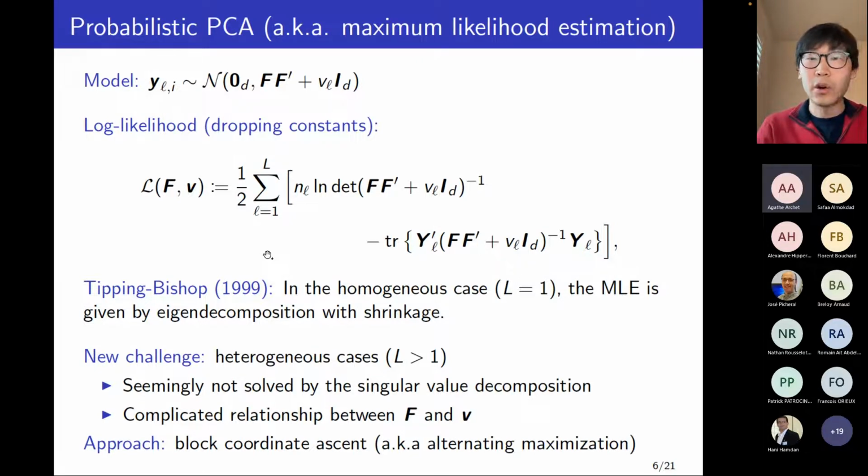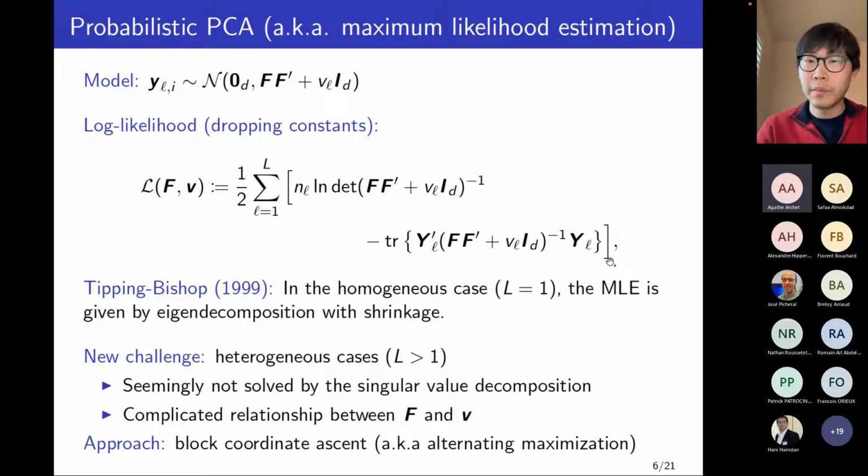Very good. So now in the homogeneous case, you can think of the homogeneous case as basically just having one block. And in that case, what's known is that this MLE, in other words the maximizer of this objective, is given by eigendecomposition of the sample covariance matrix, with some shrinkage applied to the eigenvalues.